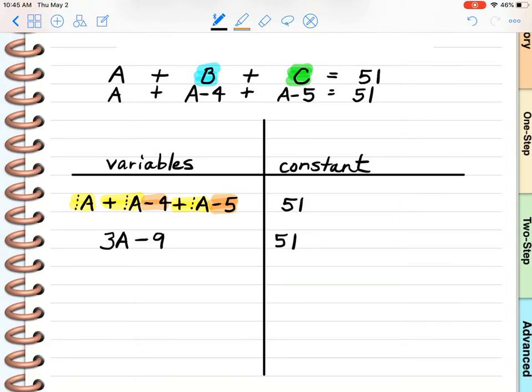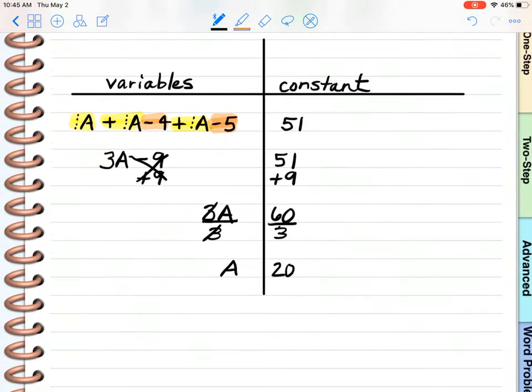And now we are to something hopefully that's a little more familiar, because I need to move the 9 and cancel. So I'm left with 3 A's equals 60. And when I divide the coefficient out, I have A is 20.